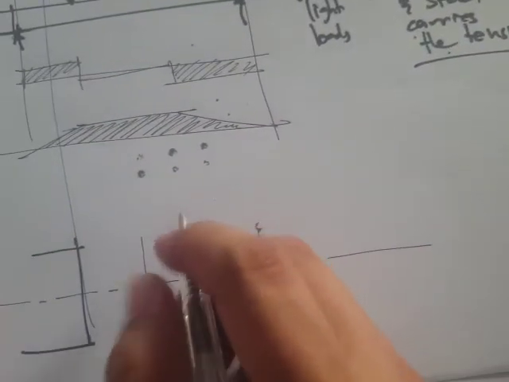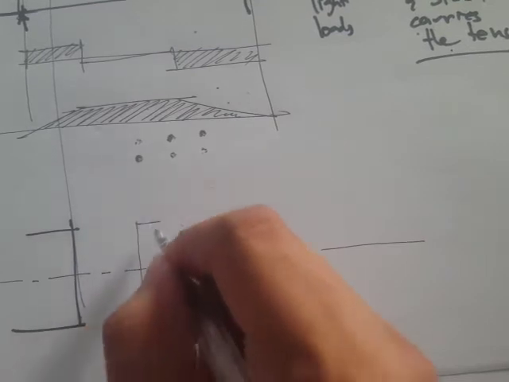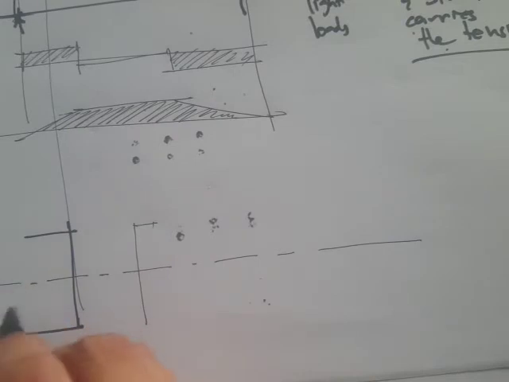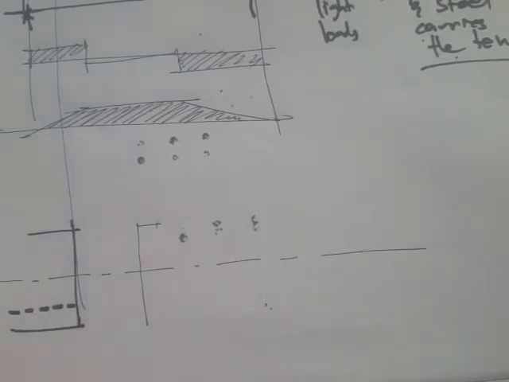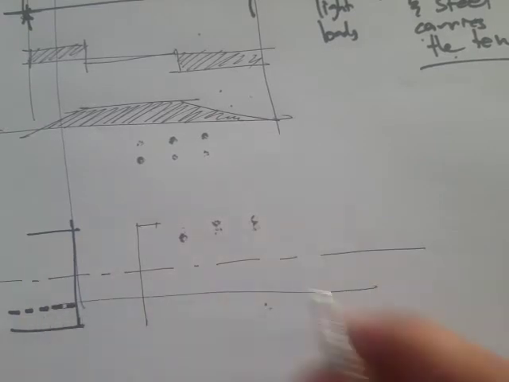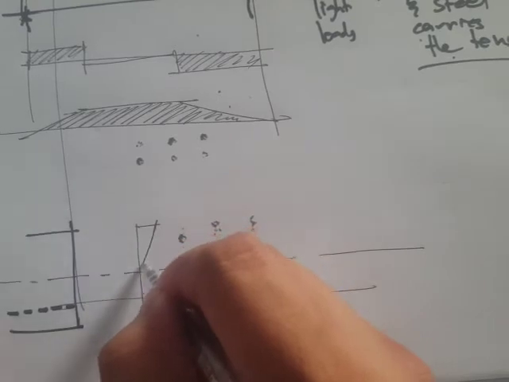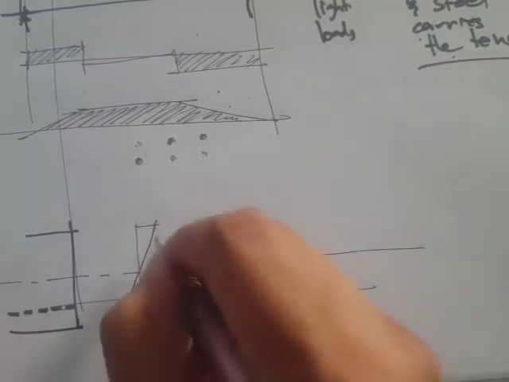Okay, so if we draw the stress diagram, we'll draw here the steel reinforcement in dashed lines. Here we have something like this.